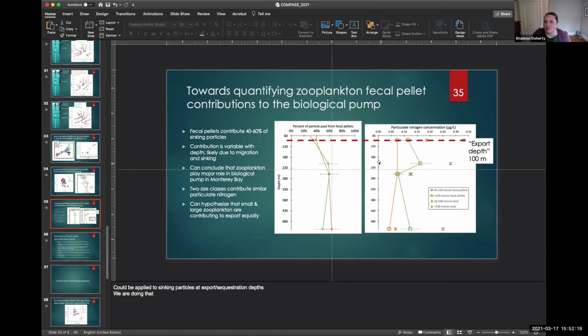We think it's either because of migration or because this is how deep they would get from night to day. But we obviously have a lot of breaking up of those particles here. So I think for the most part, they make it pretty far, which is interesting. Thank you.